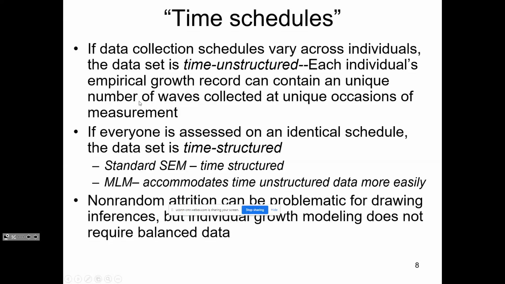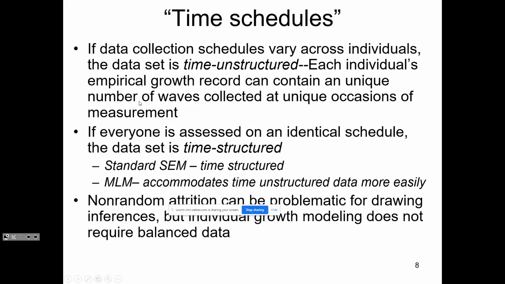not time unstructured data. So multi-level modeling techniques are naturally better suited to deal with time unstructured data. The reason that's true, in a nutshell, is that when you fit a latent growth curve model, or an individual growth curve model in a multi-level framework, you are going to use a long file.